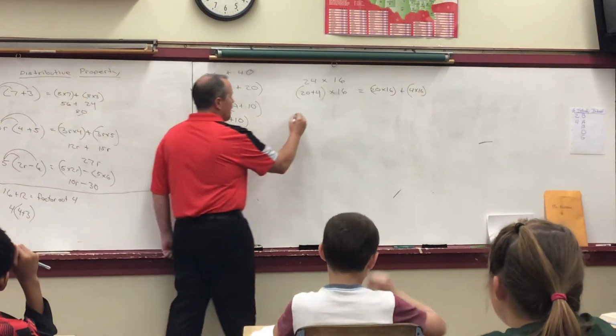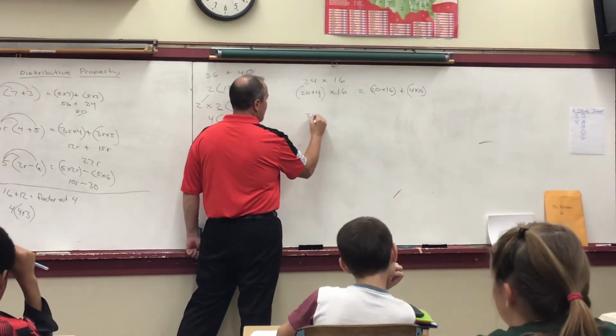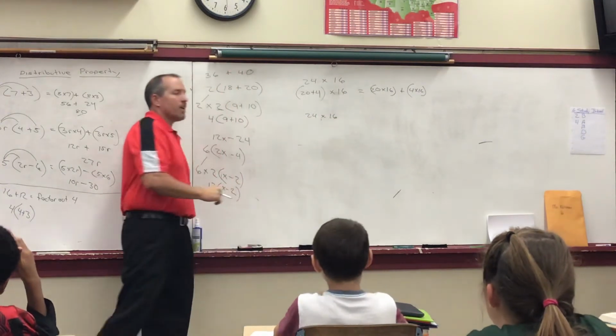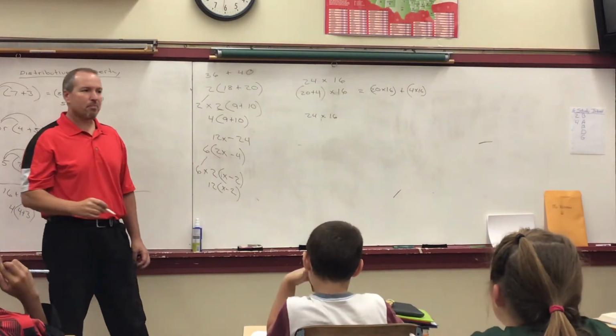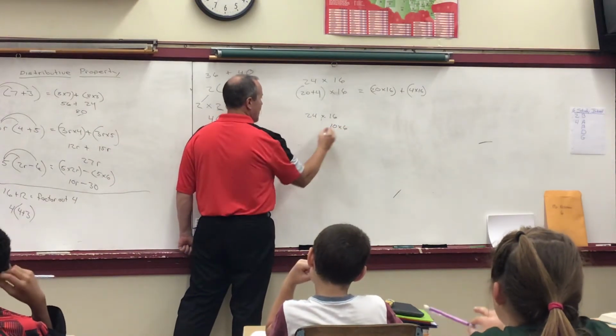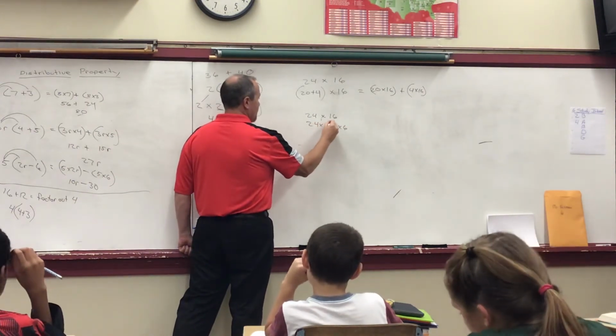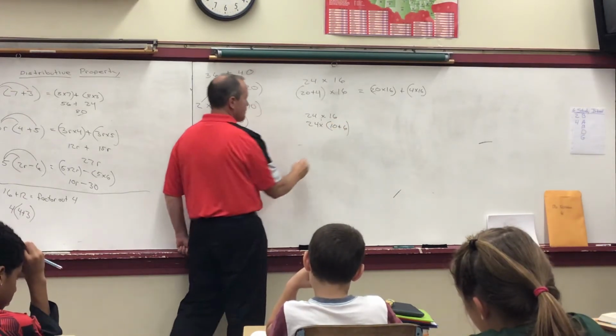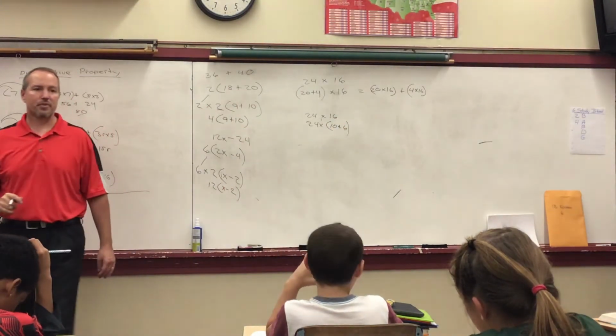Now, if we had 24 times 16, we've got to break 16 down into expanded form, which would be 10 plus 6. Sorry about that.